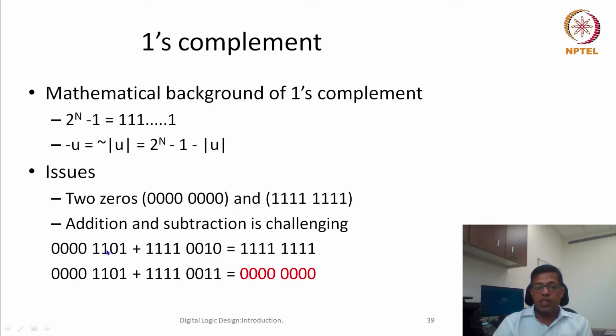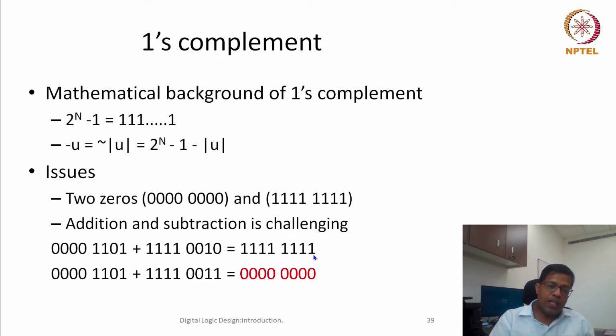If I add plus 13 and minus 13, let's see the output. 1 plus 0 is 1, 0 plus 1 is 1, and similarly all the ones I am getting. So minus 13 plus 13 is equal to minus 0. Still okay, because at least it is giving me 0.